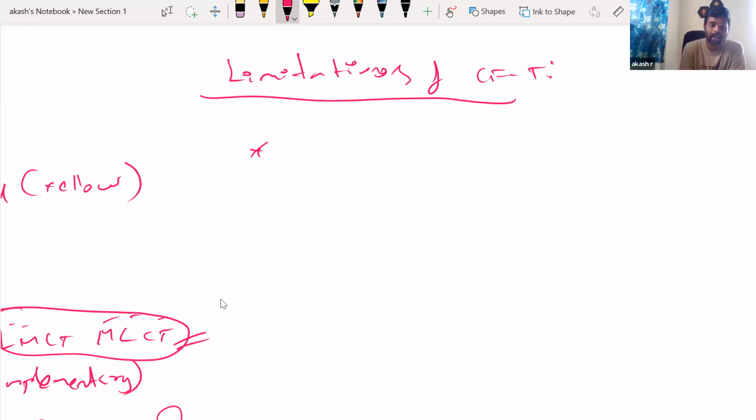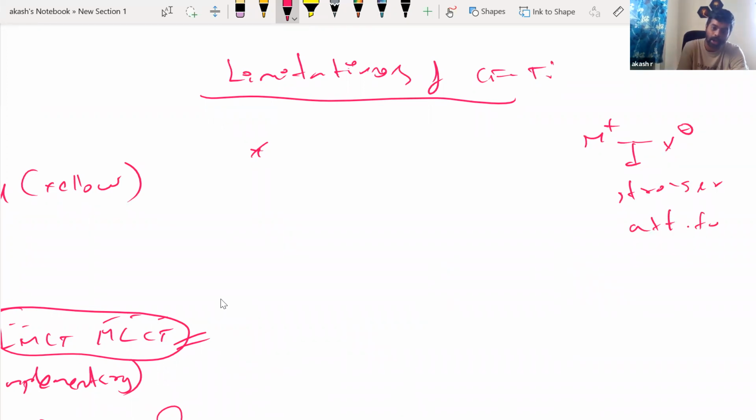First one. What CFT said is that all the interactions between the metal and the ligand are purely electrostatic. Means, for example, if you have an M plus and a negative charge X minus, they should have a stronger attractive force.